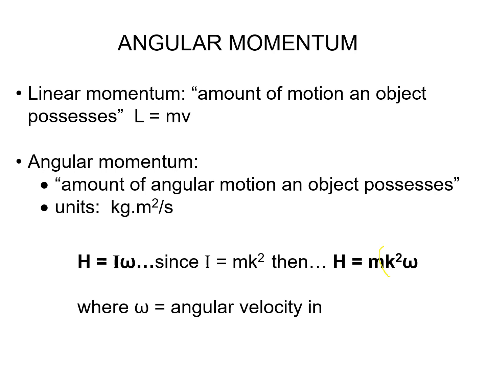First you have to square the radius of gyration, then multiply it by the mass, and then you multiply it by the angular velocity, where angular velocity is in radians per second. So remember, you may need to convert degrees per second to radians per second if you're looking at an angular velocity problem.